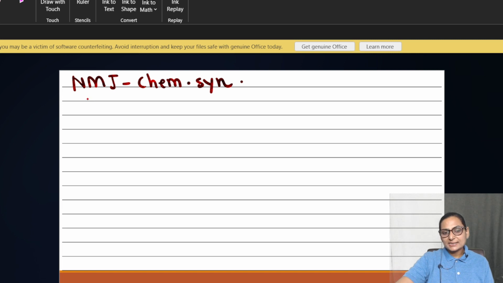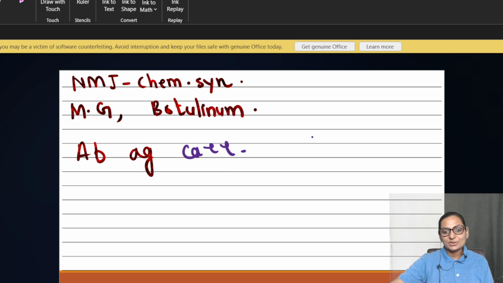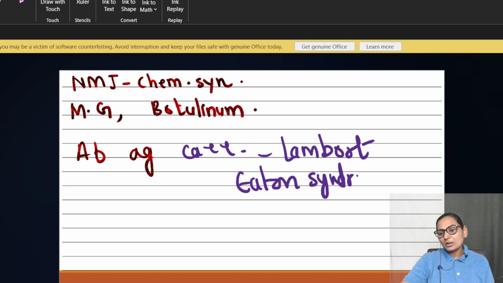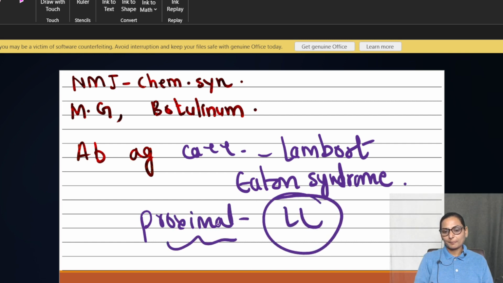The three important diseases you should remember here are myasthenia gravis, botulinum poisoning, and when there are antibodies against the calcium channels, it develops something called Lambert-Eaton syndrome, which is also a kind of muscle weakness where there is more involvement of the proximal muscles of the lower limbs, right?